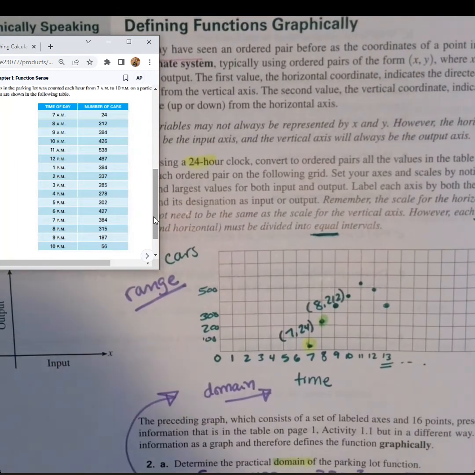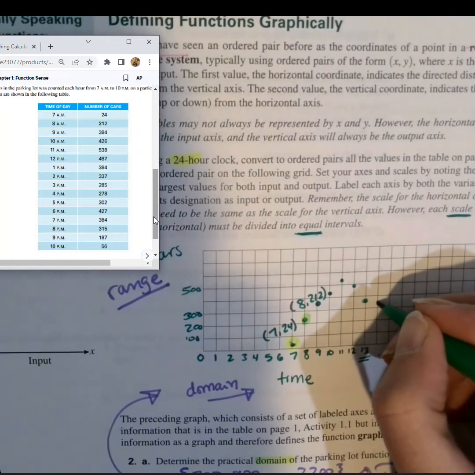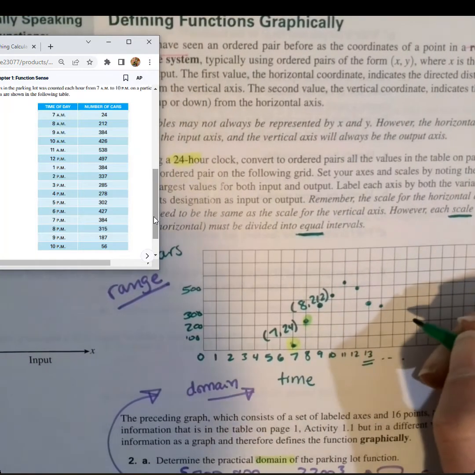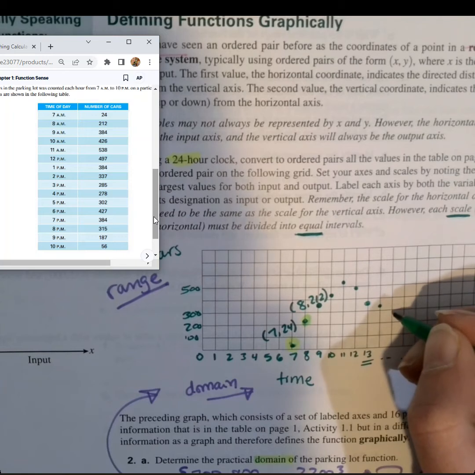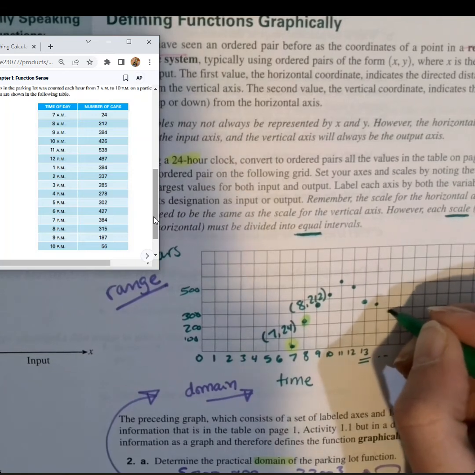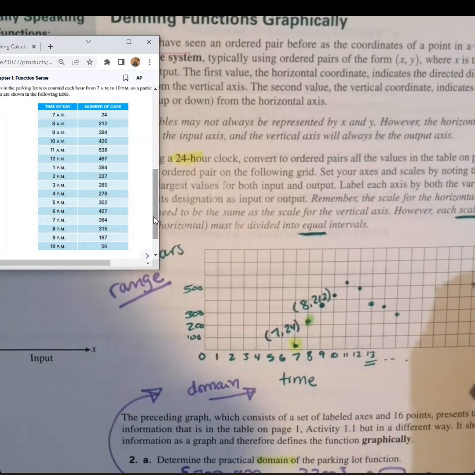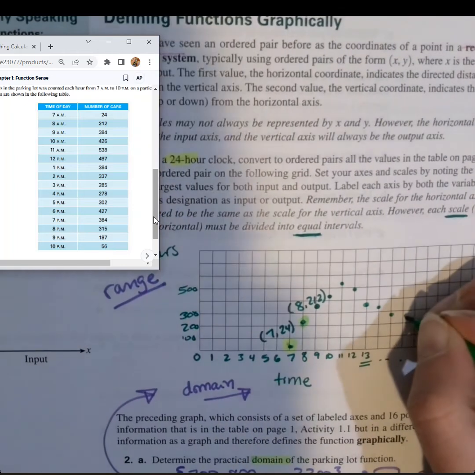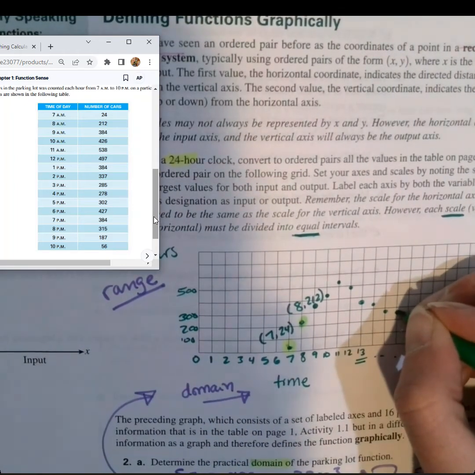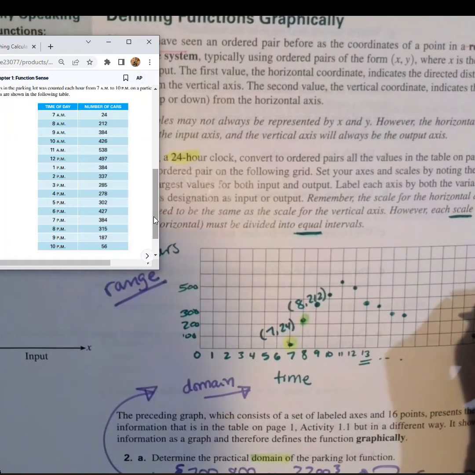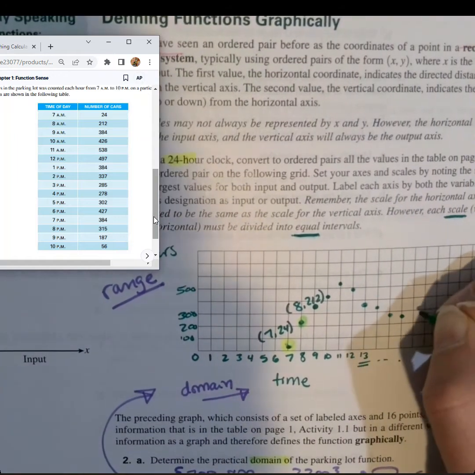All right, then we need to be at 337 and 285. 278, so a tiny bit lower. 302.